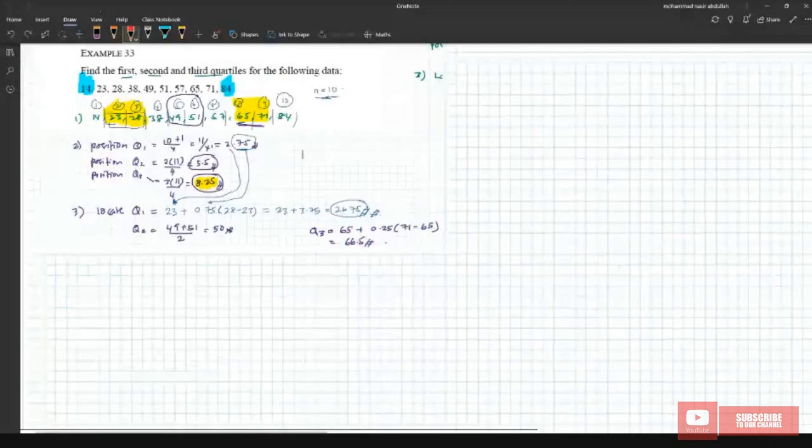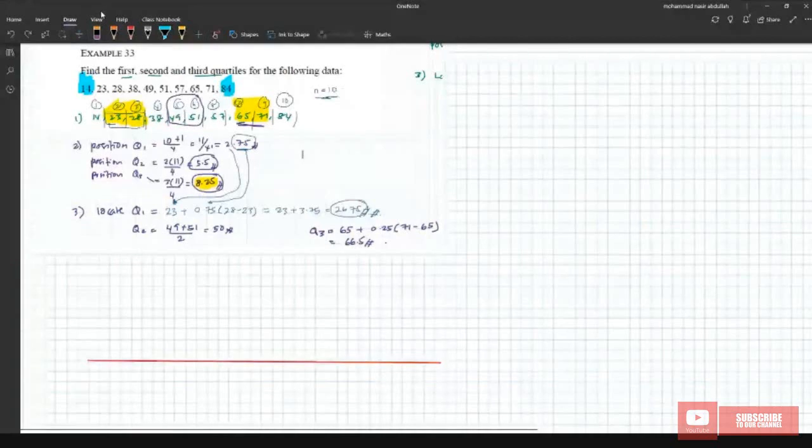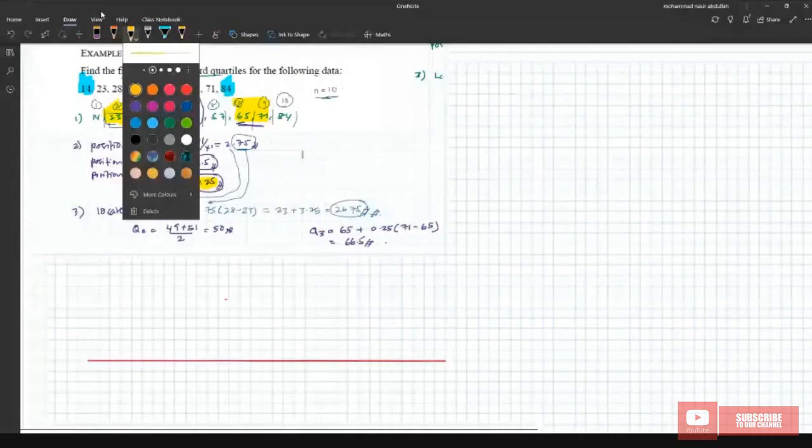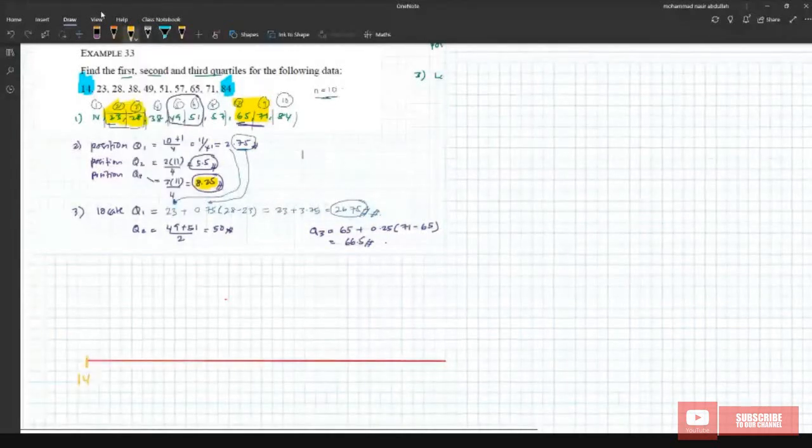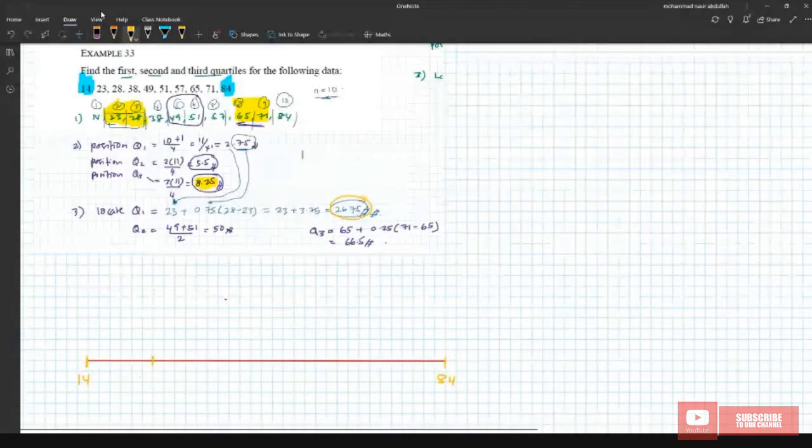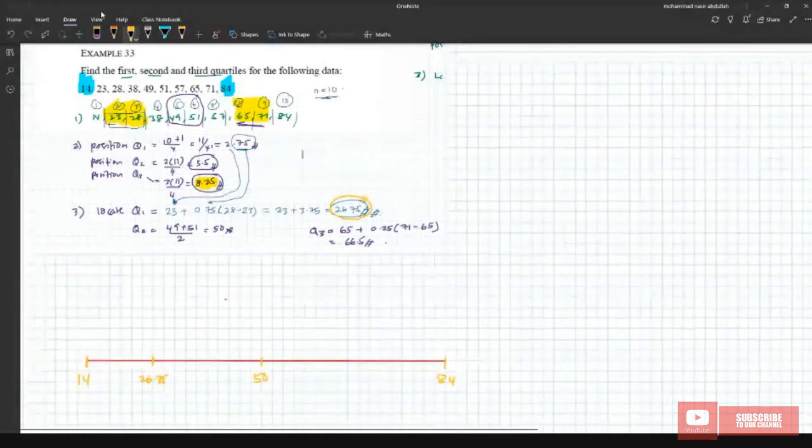So this one represents the minimum value, which is equal to 14, and this is equal to 84, and quartile number 1 is equal to 26.75. Let's say this is 26.75. You need to measure it correctly, and this is equal to 50, and this is going to be 66.5, right?